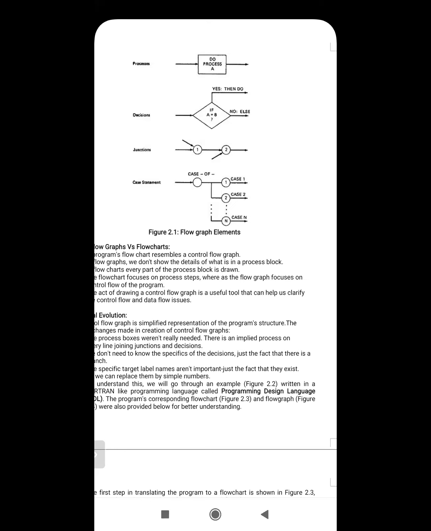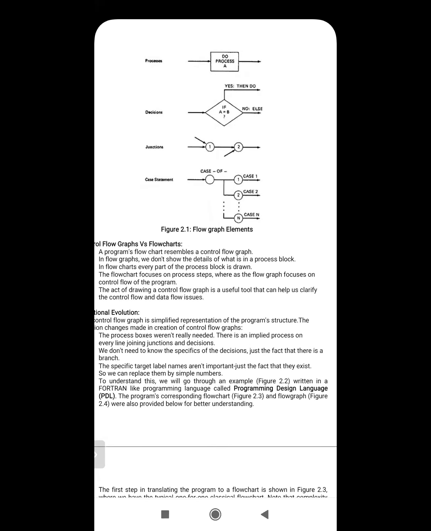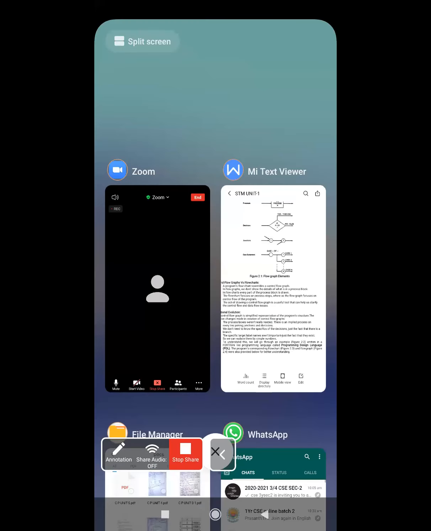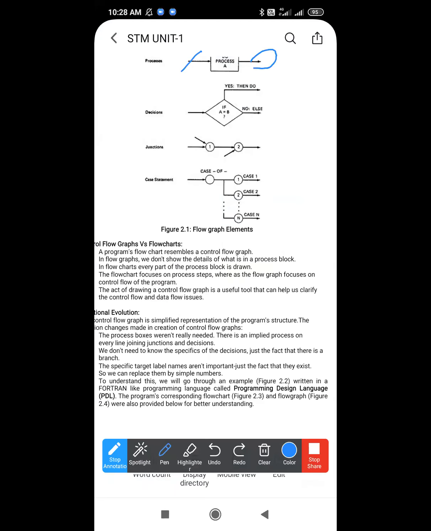Same as a process: it takes something, processes it, and gives the output. Okay, ma. It takes input and gives the output, and in the middle, it does the process.